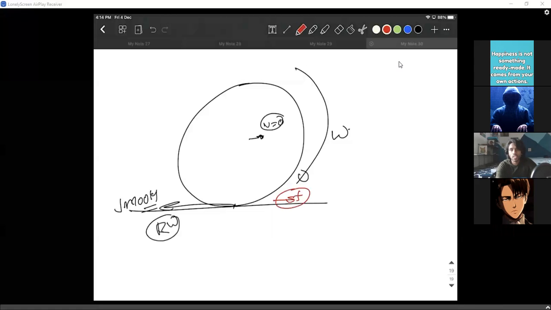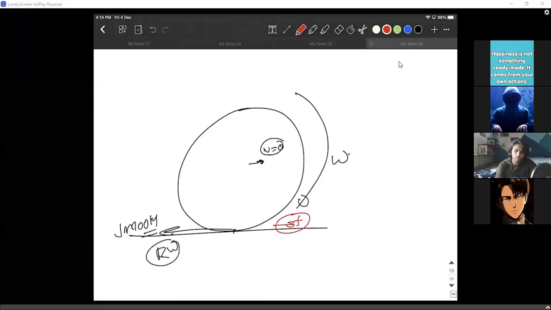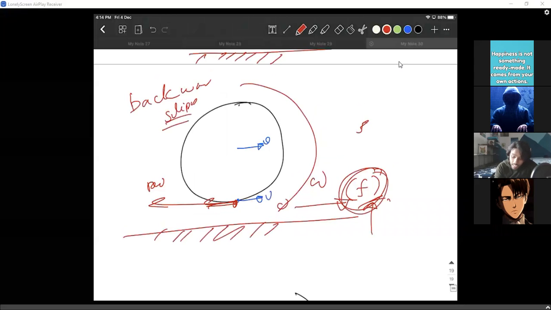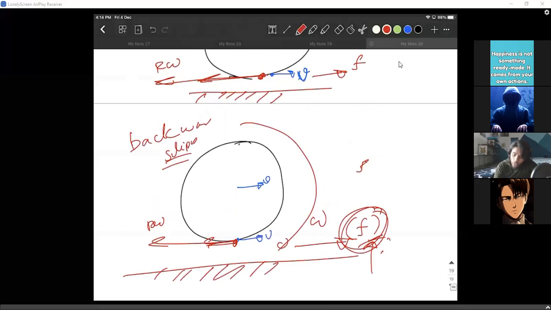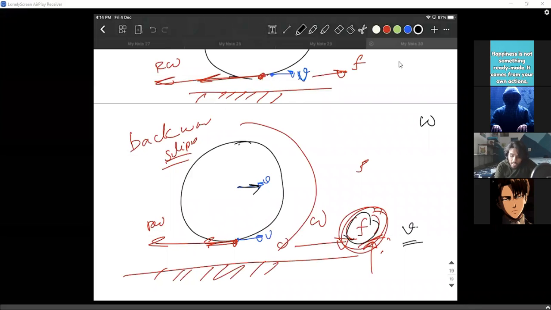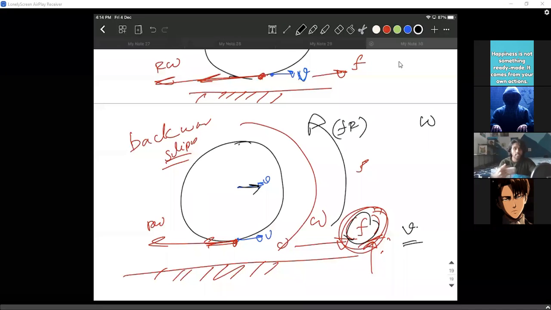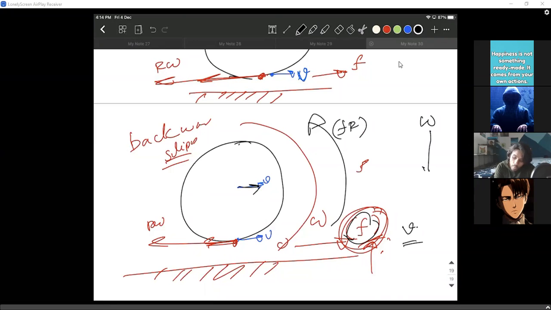If there is a frictional surface, clearly observe this friction. The omega is a very high value, V is a very small value. Friction is in the direction of V, but friction is creating a torque which is in the opposite direction. This is Fr. So friction will oppose omega and support V, so that they reach a pure rolling case.